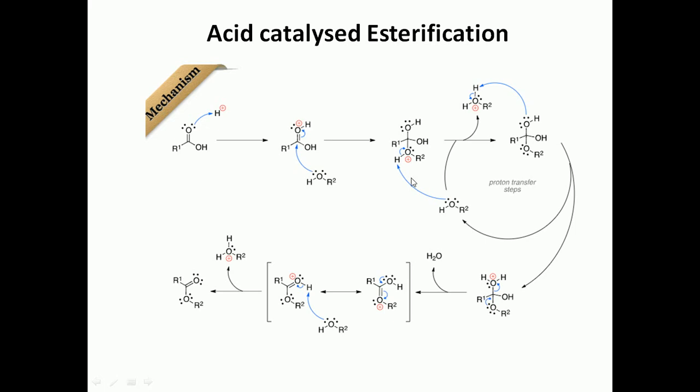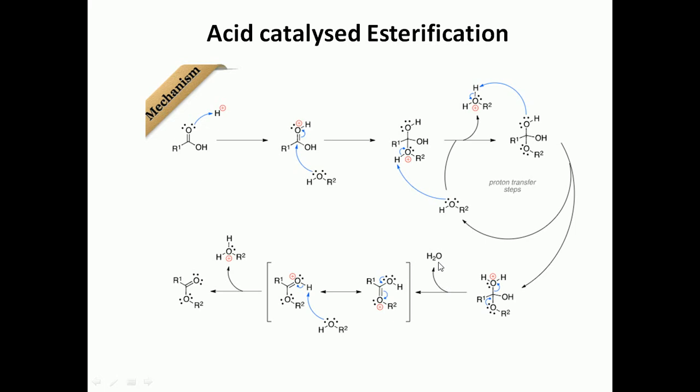So you can directly draw an arrow from here to here, from here to here. So you say that okay, the H moved from here to this OH. Now this has become a good leaving group. As you know, OH is not a good leaving group, but HOH plus is a good leaving group. So that goes out.